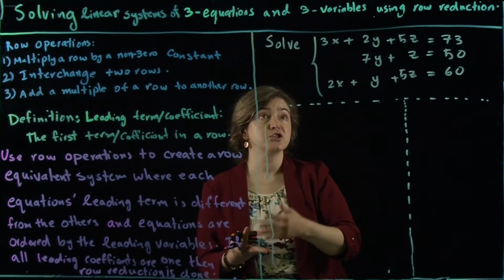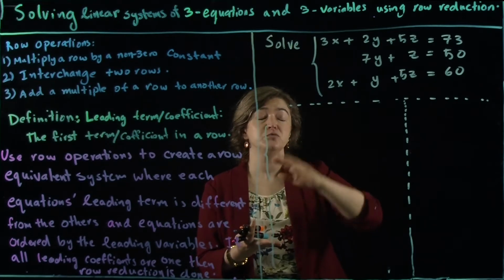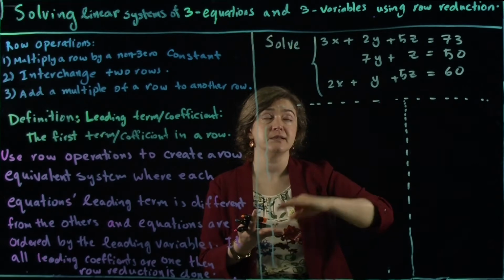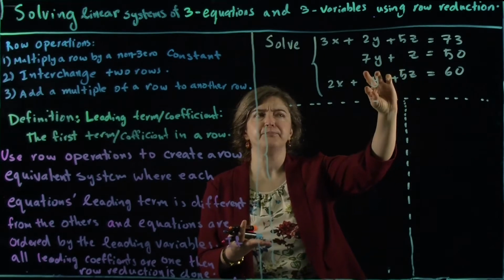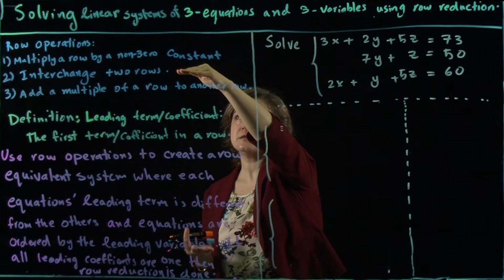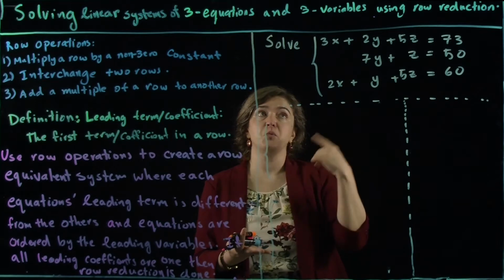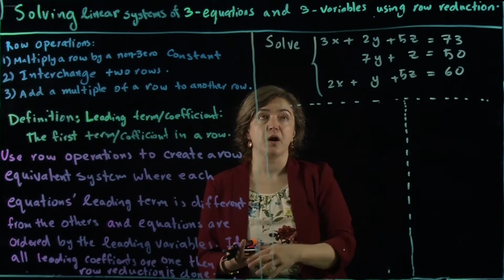So if you change the order of the system so that you need more than one of these to get that order, then it's not just one row operation, it's multiple row operations.